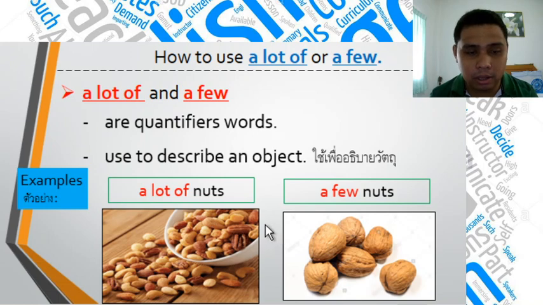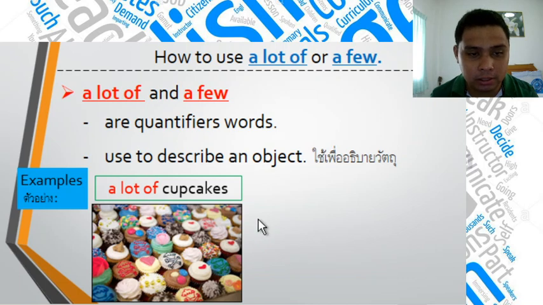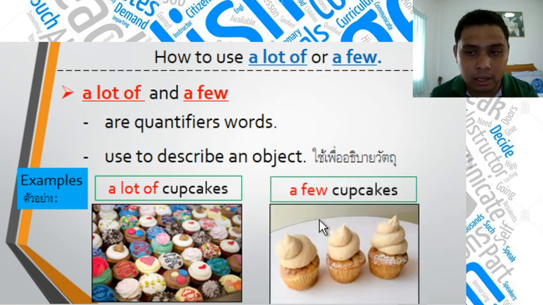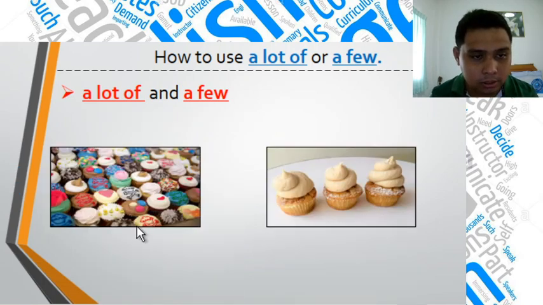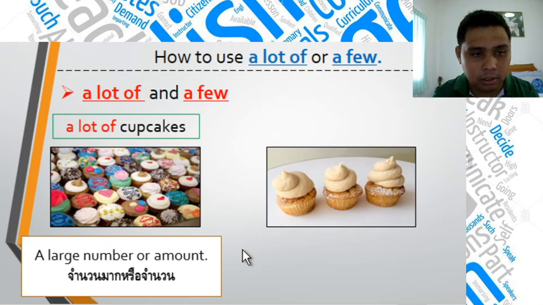Next I will show you some examples. We have here a lot of cupcakes on the left side. Next here, a few cupcakes. Here is a large number or amount, so we will use a lot of cupcakes.